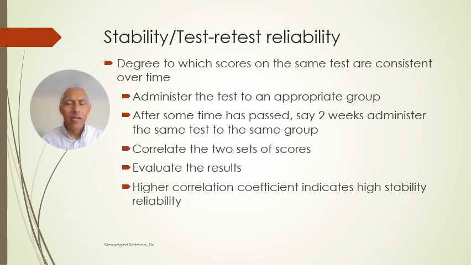Okay, so you can take a group of people. This could be a part of your pilot test. You test it with a group of people, and after some time you retest again, and then you correlate the two of them, and then you have the correlation coefficient, which will tell you the level of reliability the instrument has. The higher that coefficient, the higher the correlation, you have a higher reliability there.